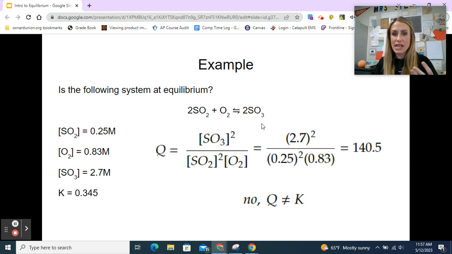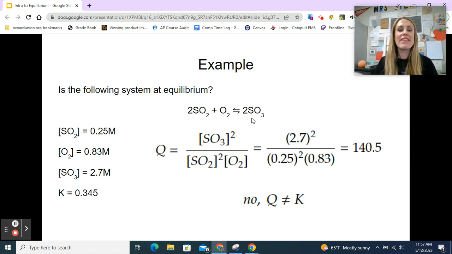So what we would say here is that the reverse reaction, going from products to reactants, will be the dominant reaction as this reaction proceeds and goes toward equilibrium. So my reverse reaction is speeding up. My forward reaction is slowing down as we approach equilibrium. So that's something else to think about. Which direction will this reaction proceed in order to reach K?